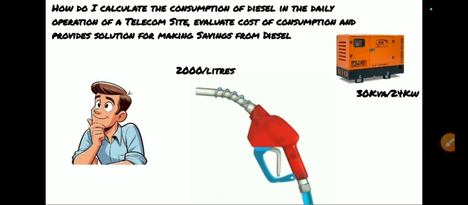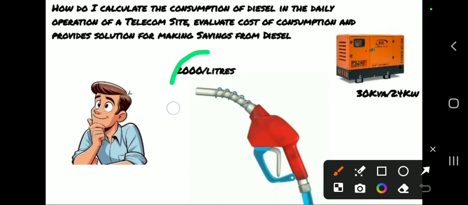Here we'll be looking at the size of the generator, the consumption, and the percentage utilization, which is the percentage loading of the generator. Having all these data will enable us to calculate the consumption of diesel, and we also need to know the pump price, which is just a mere assumption.